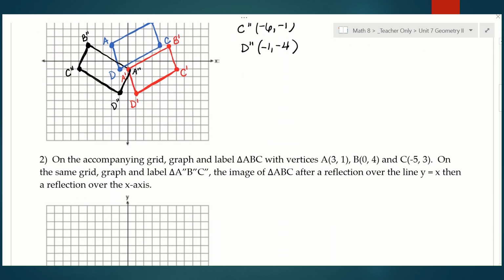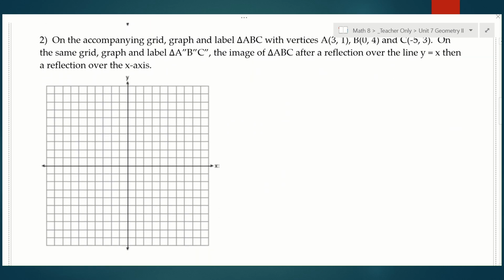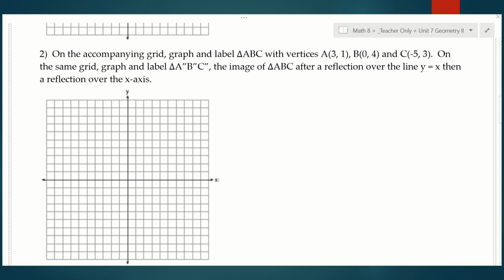Let's look at number 2. On the accompanying grid, graph and label triangle ABC with vertices as follows. On the same grid, graph and label triangle A double prime, B double prime, C double prime, the image of triangle ABC, after a reflection over the line y equals x, and then a reflection over the x-axis. Okay, so we're going to follow the same exact steps. Let's start by graphing our triangle ABC.